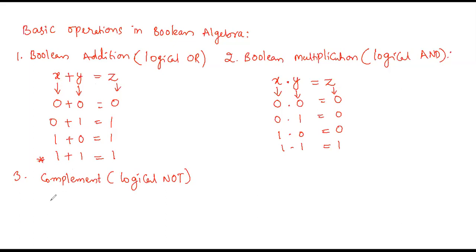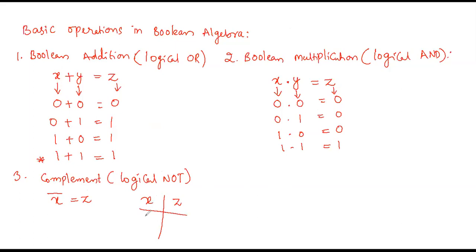Consider a variable x. Okay, the complement of x we are considering as z. Now we will see x is an input and z is the output. z is nothing but complement of x.